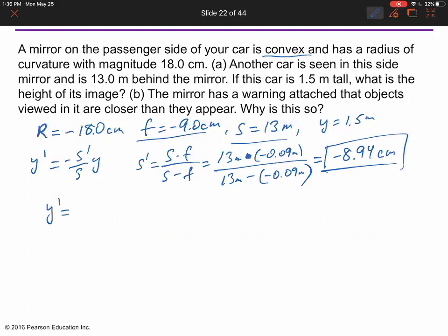Then I can come back here and use y prime equals negative s prime over s times y. The negative is part of the equation.